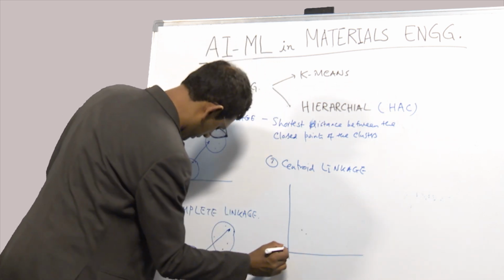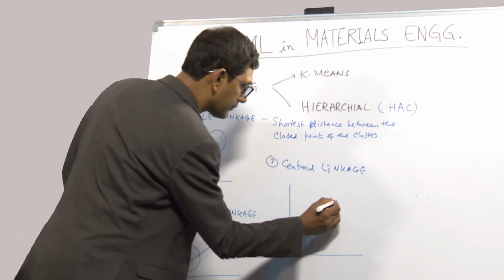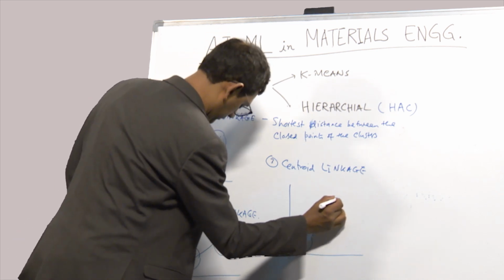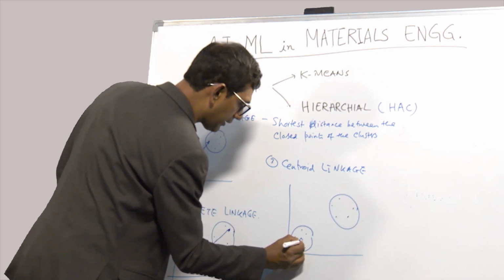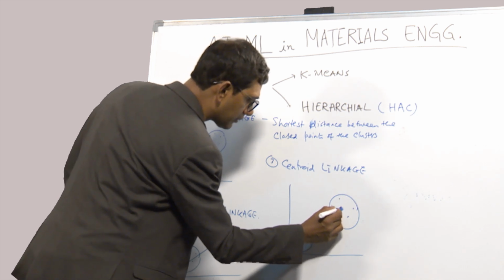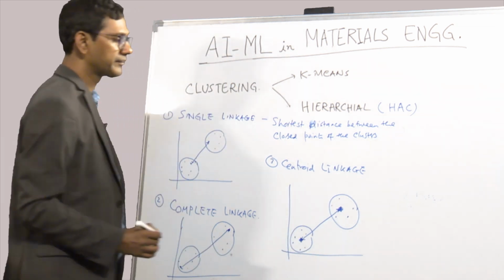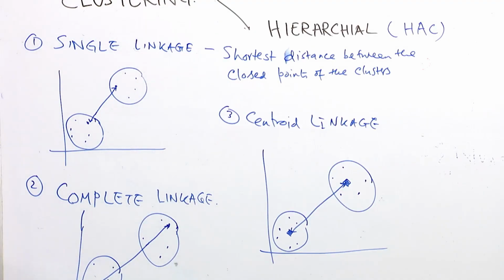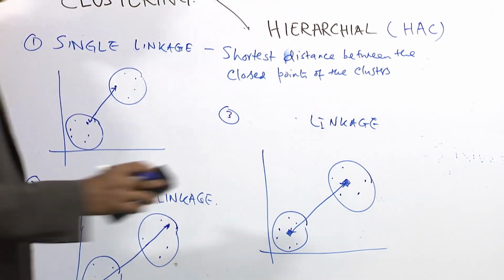So, let me just draw it. This is the centroid, let us say, of this cluster. This is the centroid of this cluster. This distance is called centroid linkage. So, these are the different linkages we use to get the dendrogram.